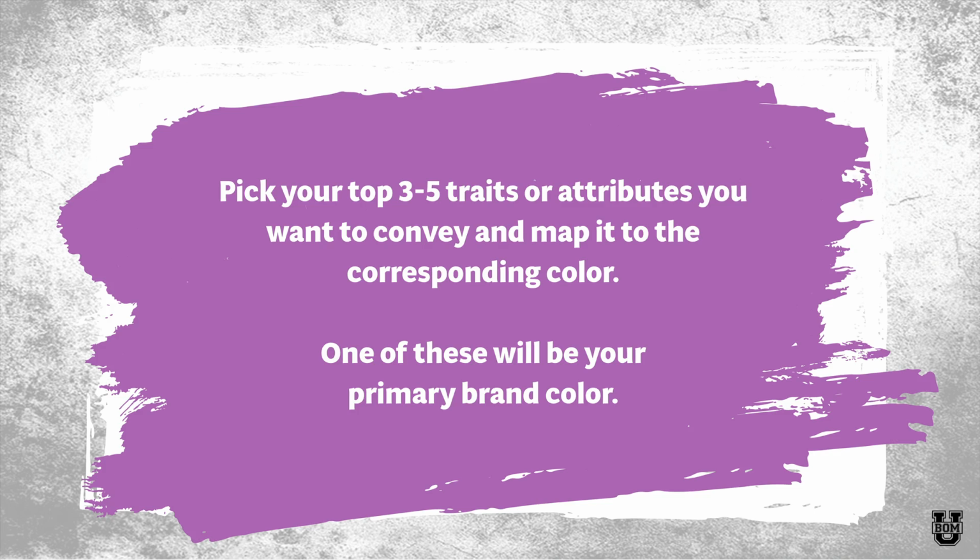So go back to those 3 to 5 traits or attributes you want to convey, and map them to the corresponding color. And then one of these colors is most likely going to end up being your primary brand color or hue. We'll get into tints and shades as we move forward.